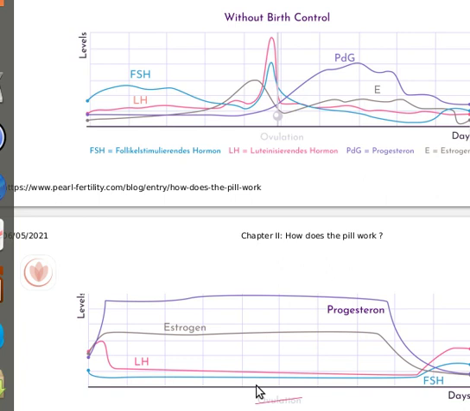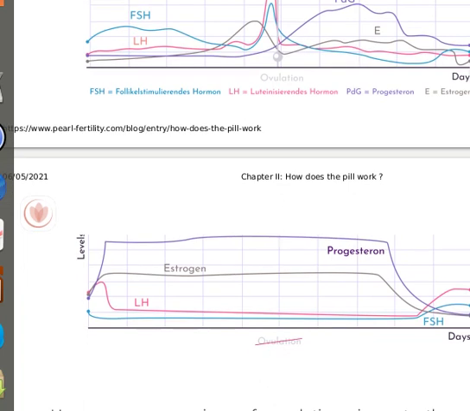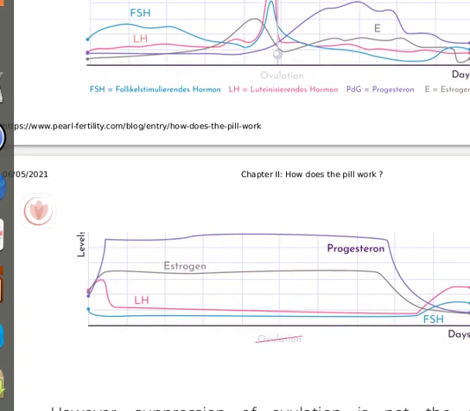Suppression of ovulation is not the only contraceptive effect of the pill, because if an egg was somehow released, there are also additional mechanisms.